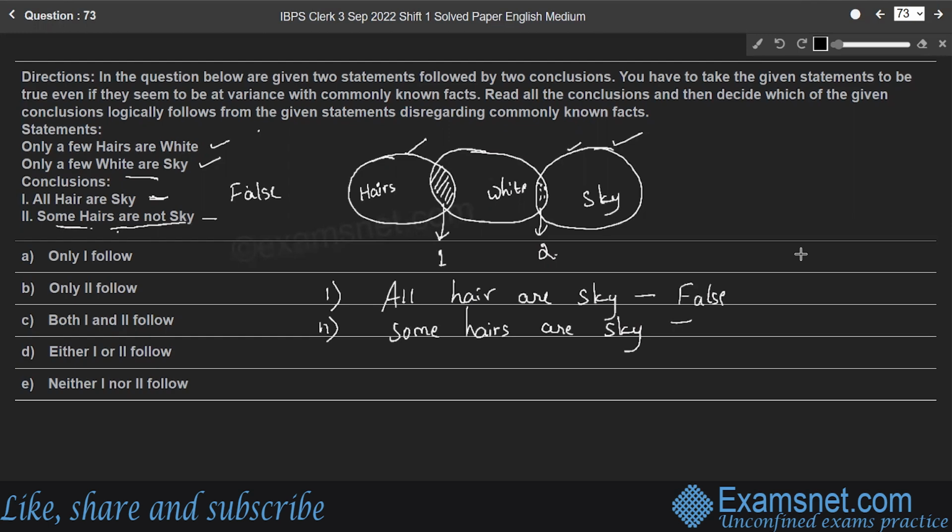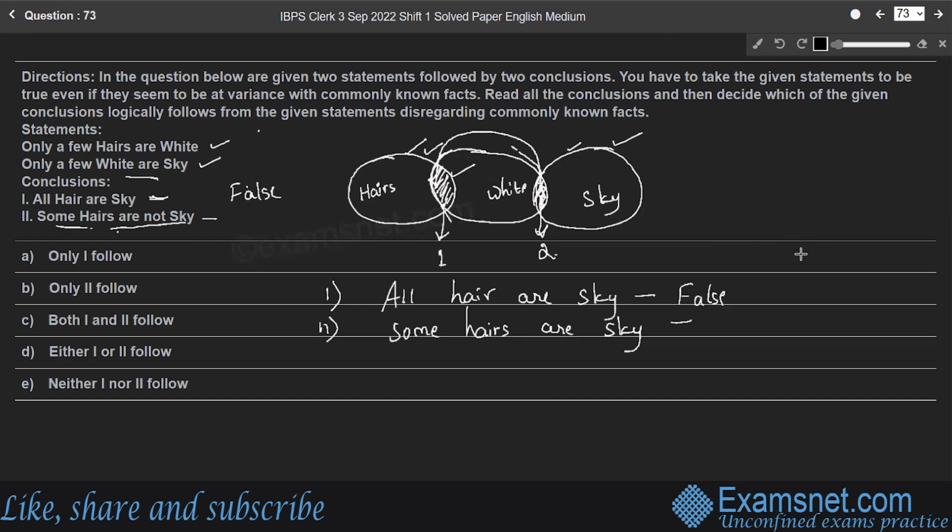Some hairs are sky. So here a portion of hair. When the sky portion, the second statement portion, comes to the portion of white which is common to hairs also, right? This second shaded portion is in the white.